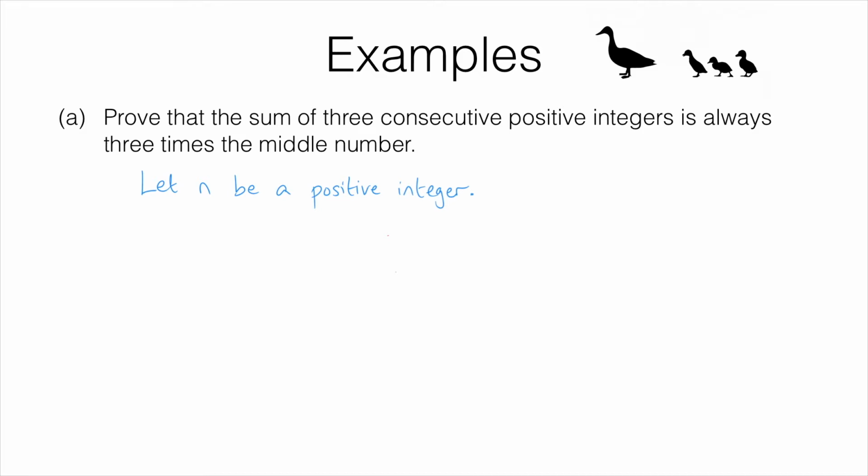The next key step is to work out what 3 consecutive positive integers would be. And here's where a lot of students also go wrong. They decide they're going to use 3 different letters of the alphabet for 3 consecutive integers, but that makes life very difficult. What you can spot is that if n is a positive integer, then the next number along is just going to be n plus 1, and the one after that will be n plus 2. So those 3 numbers, n, n plus 1, and n plus 2, are going to be consecutive.